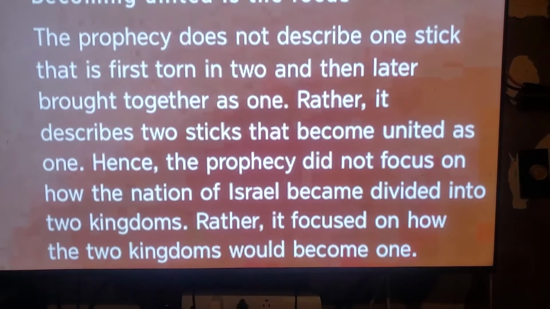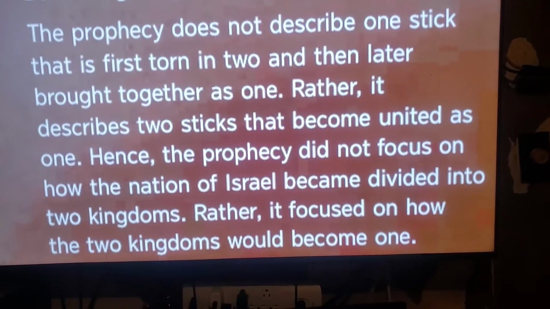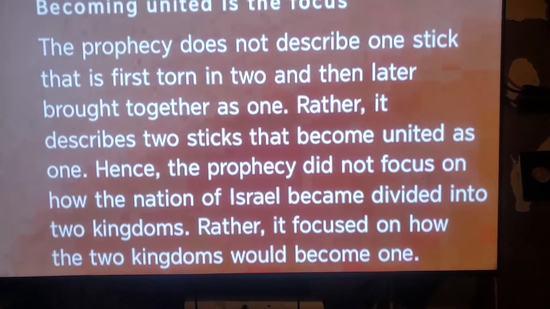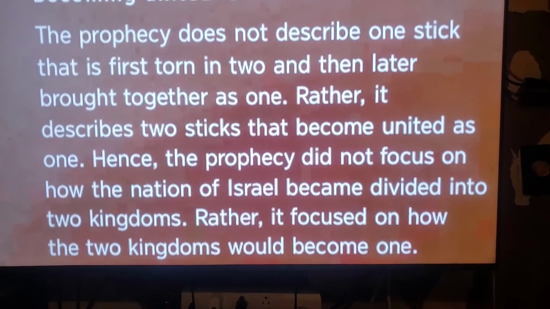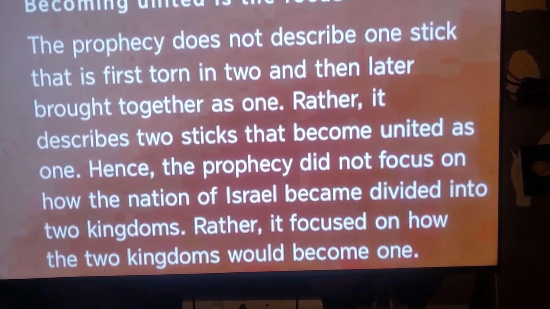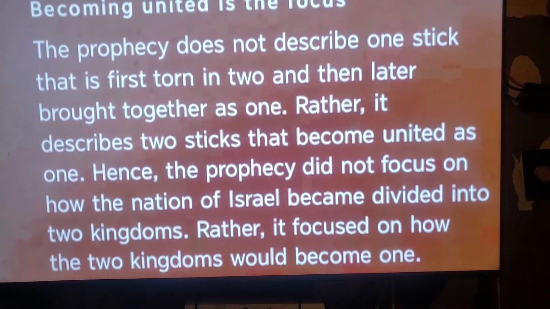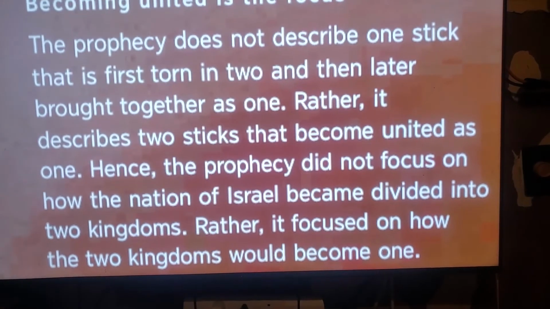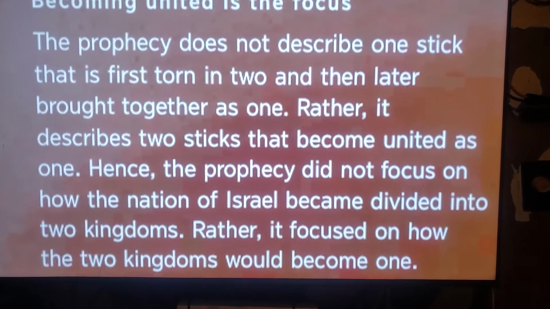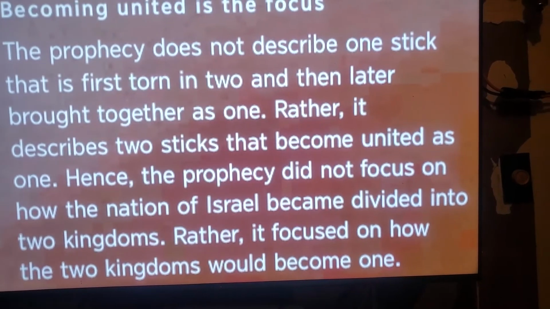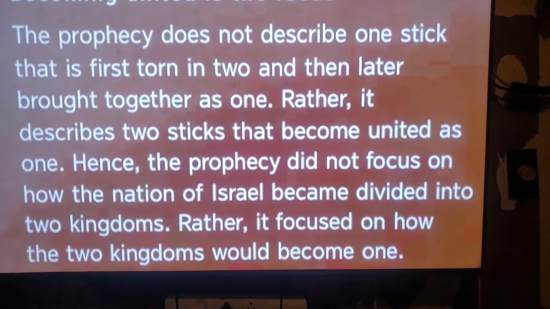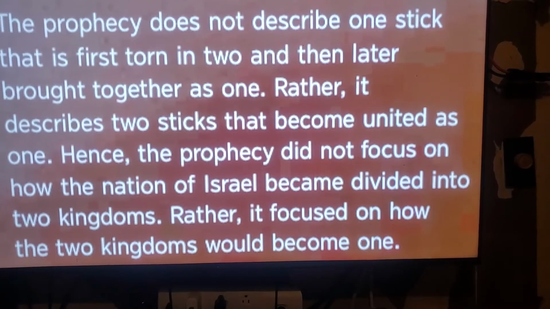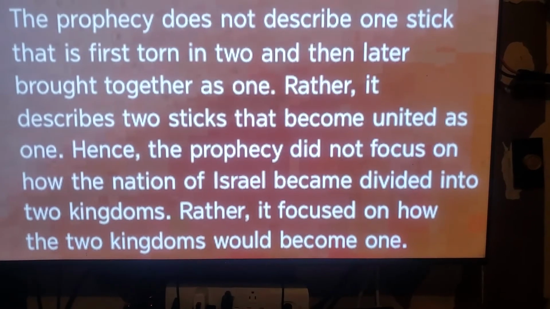It's just trying to say, well, let me try it this way. I know the reason why they put this garbage here, because I thought about this a couple of days ago when I saw this. So Jehovah's Witnesses are claiming that they were divided as two sticks and they become one, and they're supposed to stay as one. But the problem is, I was thinking, how would they have been divided in the first place?